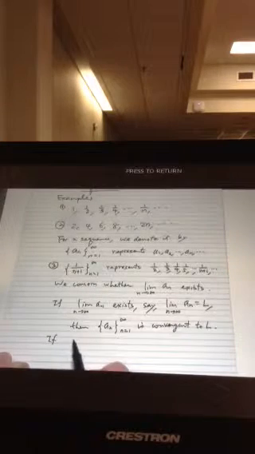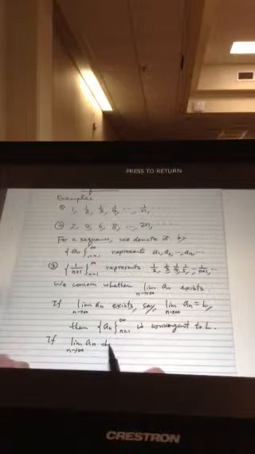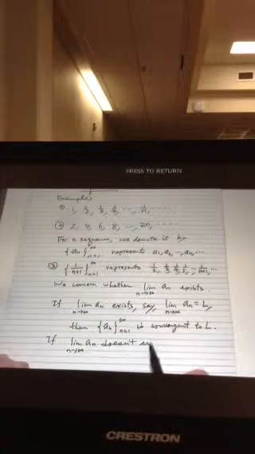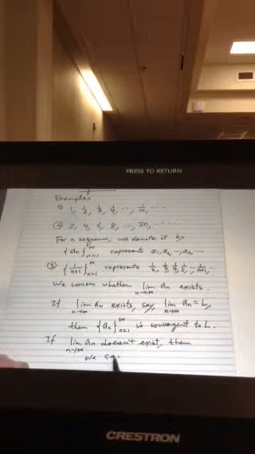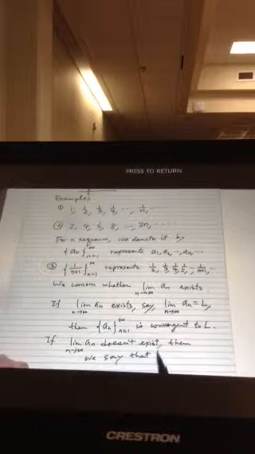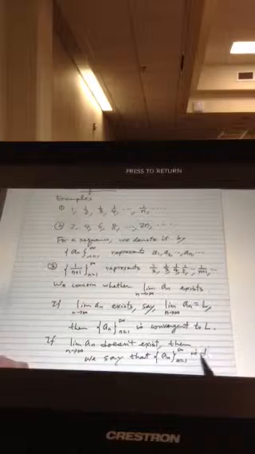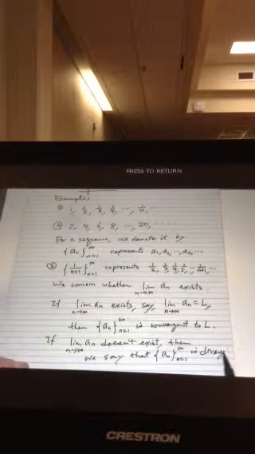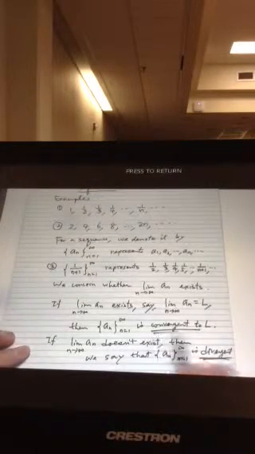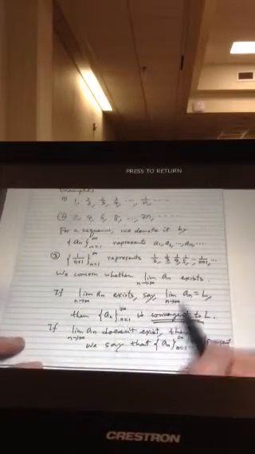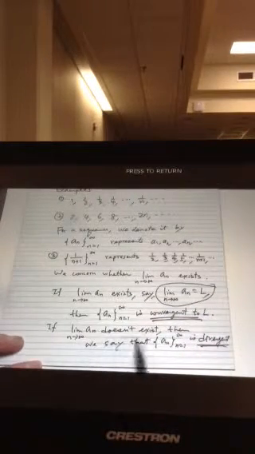So if the limit of a_n as n approaches infinity doesn't exist, then we say that a_n is divergent. Okay. So convergent means the limit exists. Divergent means the limit doesn't exist.